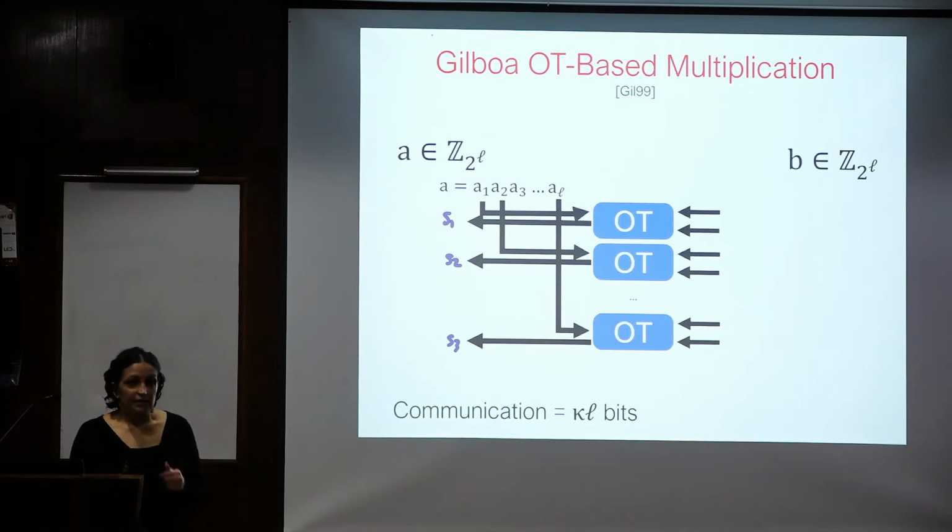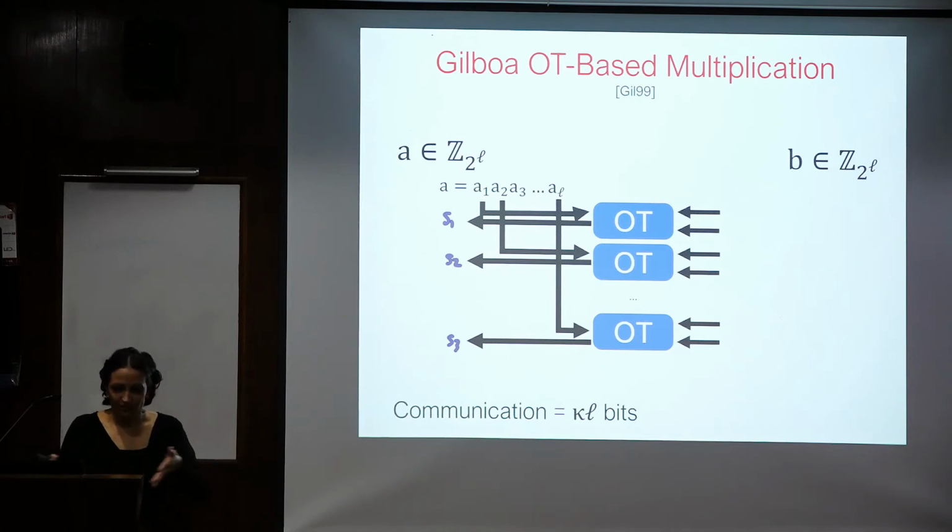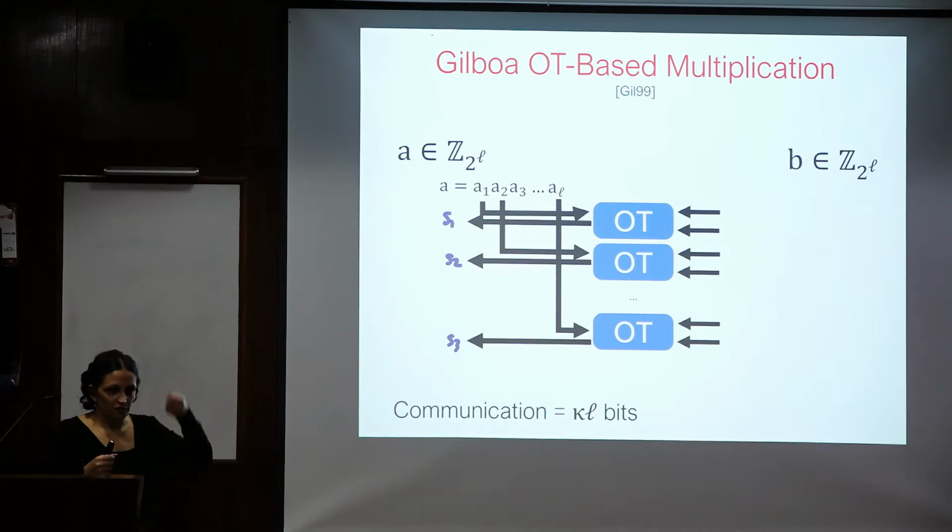And the downside of using this protocol is that the communication complexity grows with the size of the original receiver's input times the communication complexity of the OT, which is order of kappa. Maybe it could be done even faster using new techniques, but basically it depends on the length of the receiver's input.